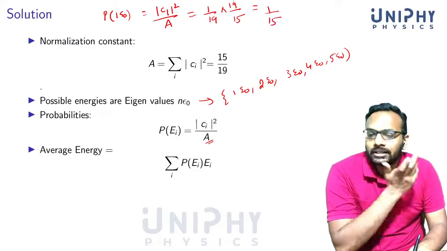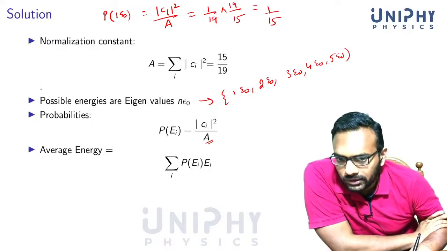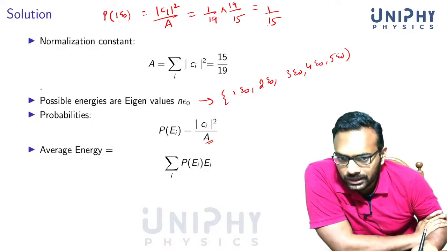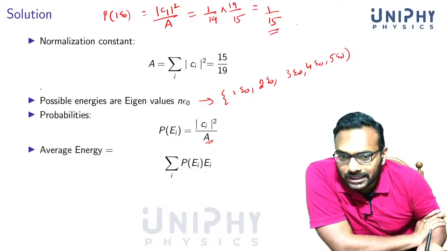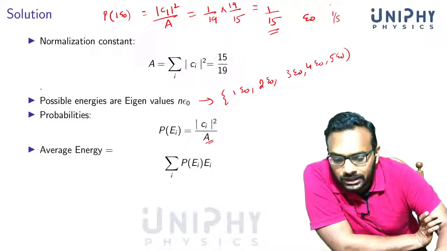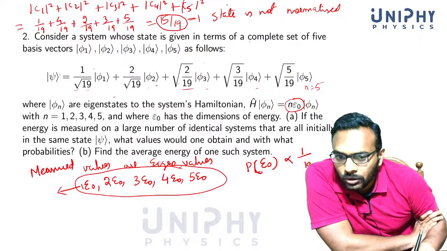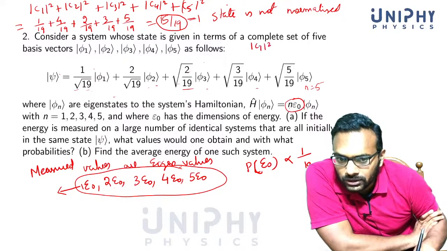Unless I have made a numerical error, this is how you do it. Instead of dividing, I have multiplied by the reciprocal. So the probability of measuring energy epsilon 0 is 1 by 15. Similarly, what's the probability of measuring energy value 2 epsilon 0? It's equal to modulus of C2 square.